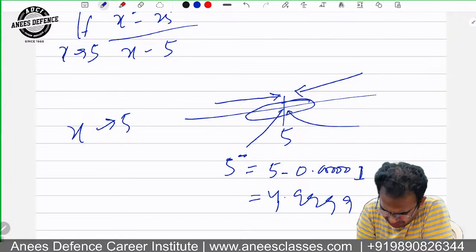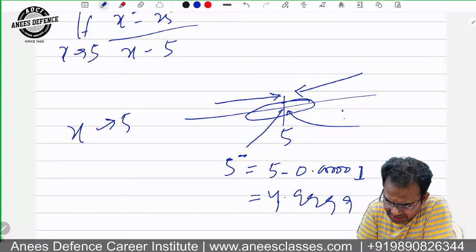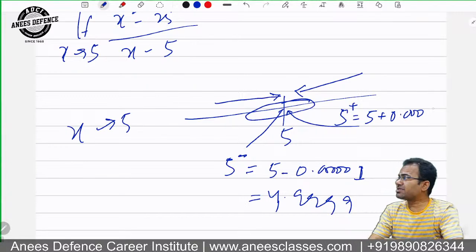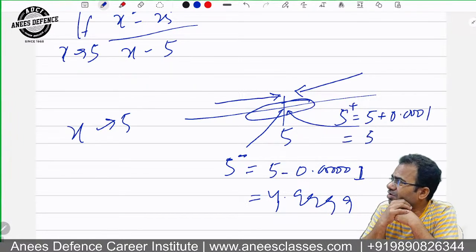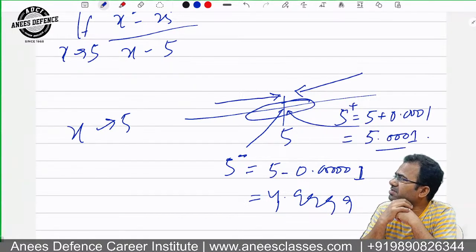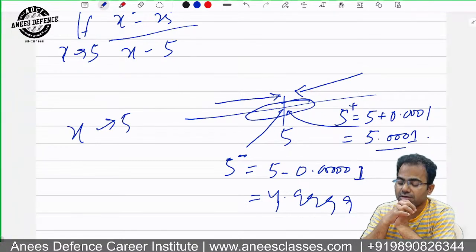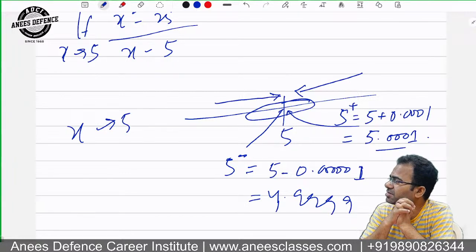The right neighbor of 5 is 5 plus. 5 plus means 5.00001, that is, slightly greater than 5 is called 5 plus, and slightly lesser than 5 is called 5 minus.